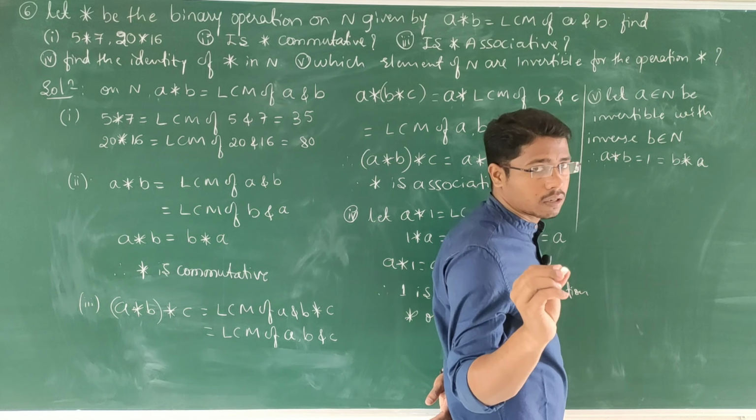This is possible only if a equals b equals 1. So only 1 is the invertible element in the set of natural numbers N for star.